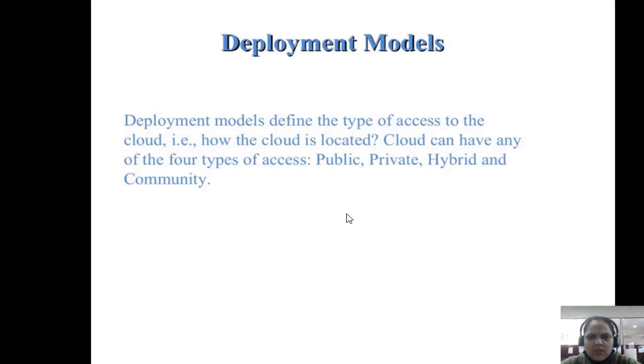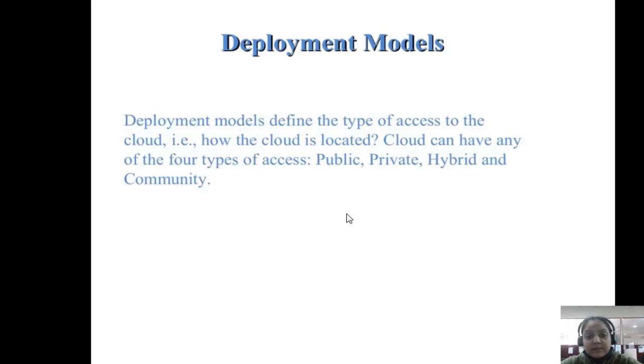Let us go through what is public, private, hybrid and community. When you talk about public, what does it mean? Everyone can use it. Everyone means everyone. If I have a population of 2000 crore people in a specific area, and I make a cloud and instantiate it as public, then all 2000 crore people will be able to access it.